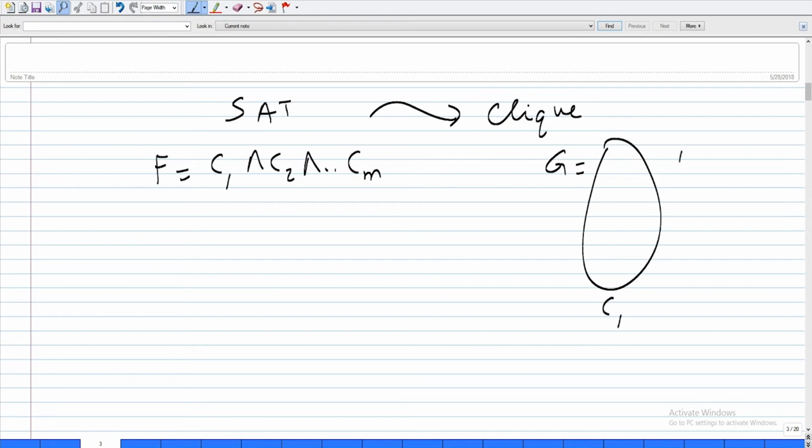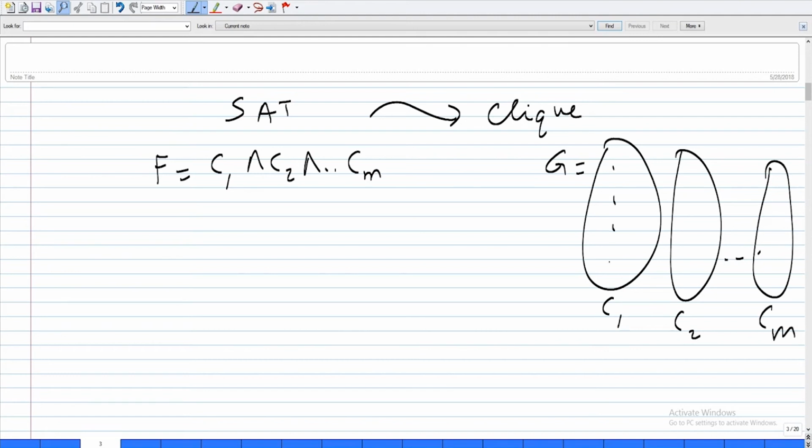This corresponds to C1, this corresponds to C2, this corresponds to Cm. So the number of vertices would be the total length of this formula. The number of variables in C1, that many vertices are in this set, and so on.